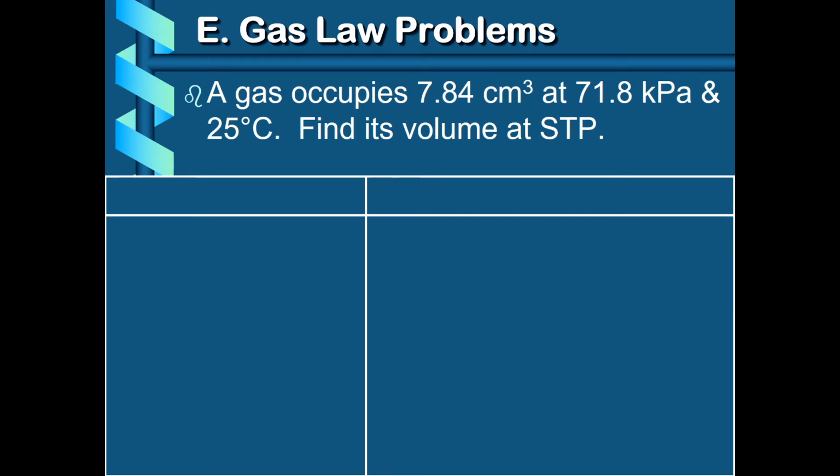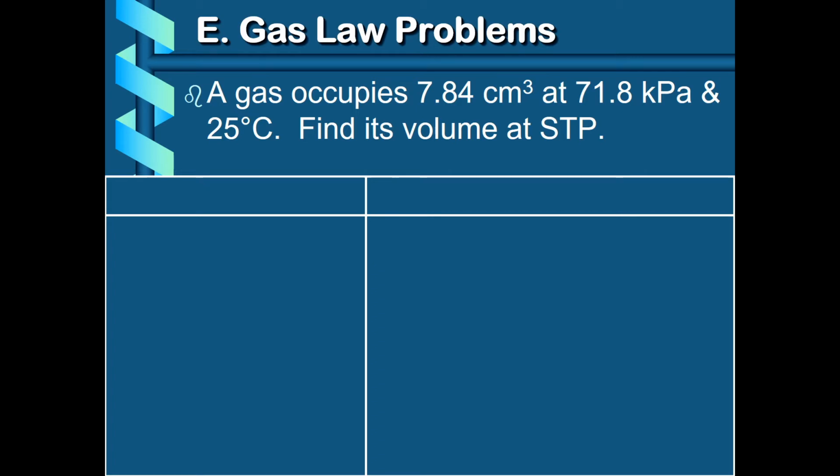So here is its initial volume, here is its initial pressure, and here is its initial temperature. So V1 is equal to 7.84 cubic centimeters.